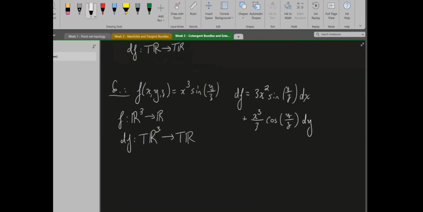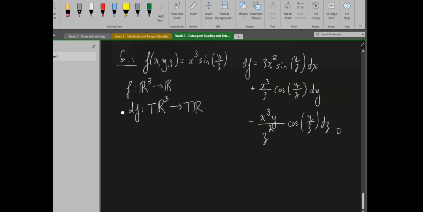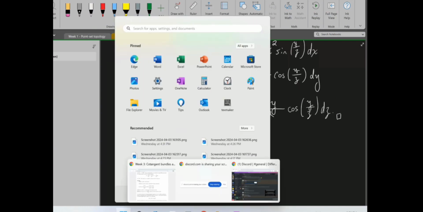And then finally, it's going to be a minus x cubed sine y over z squared dz. So that should be it. So this whole function here is what df ends up coming out to be. This differential one form. Okay. Let's go back here.